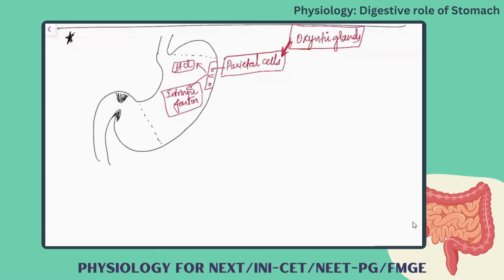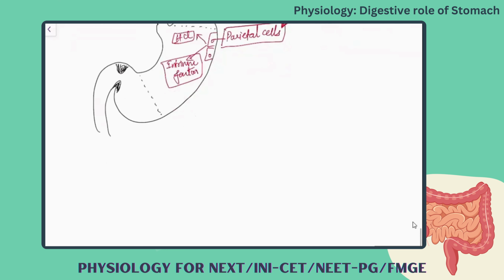The other one, which is also in the body of the stomach, is called the chief cells. It secretes pepsinogen, which is involved mainly in the digestion of proteins.